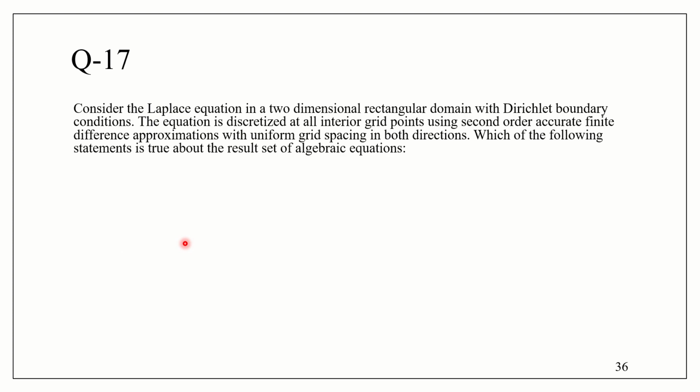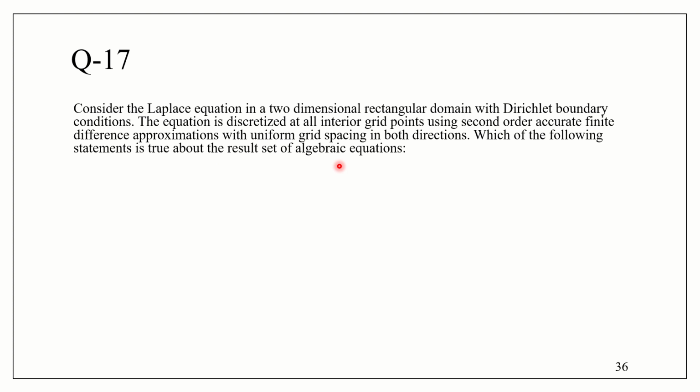Question 17 asks: consider the Laplace equation in a two-dimensional rectangular domain with Dirichlet boundary conditions. The equation is discretized at all interior grid points using second order accurate finite difference approximation with uniform grid spacing in both directions. Which of the following statements is true about the resulting set of algebraic equations?